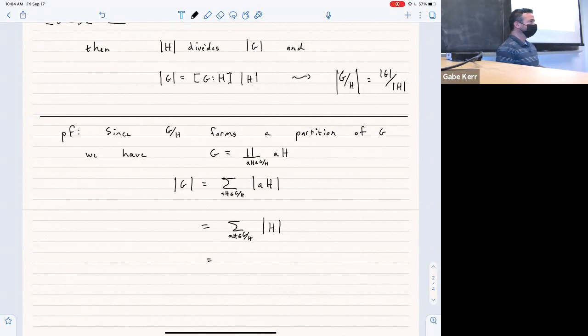Does that make sense? I'm taking each of the left cosets and the number of elements in it, and adding them. So how many left cosets are there?